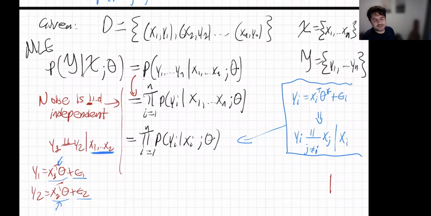We could even write it as a Bayesnet, sorry, as a probabilistic graphical model, encoding the conditional independencies. Because we have these conditional independencies that we discussed earlier, we do the second step that simplifies our expression even further. So we went from a product of y's conditioned on all of the x's to just a product of y's conditioned only on the relevant xi.